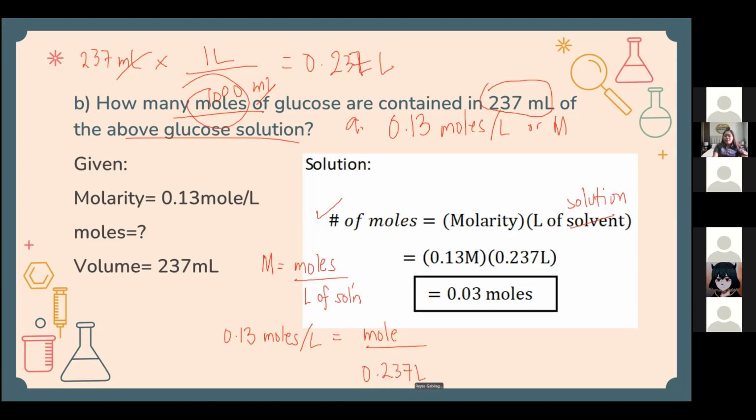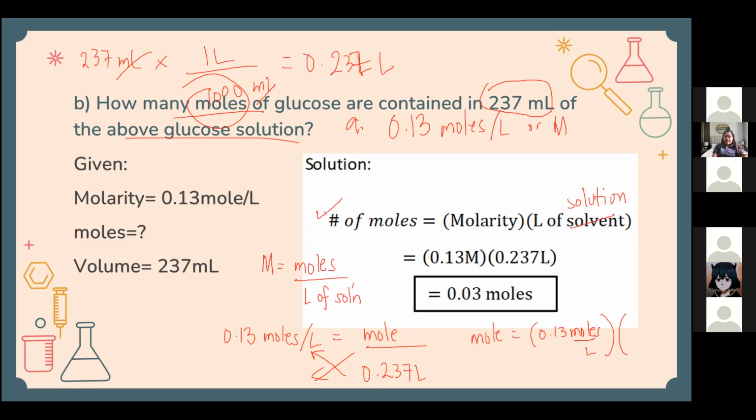You will still get the same answer. Kasi ganun, mahuhulog pa rin naman siya na i-cross multiply mo siya, baba mo si mole, and mahuhulog pa rin naman siya na molarity times liter of solution. So 0.13 moles per liter pa rin. I'll just use moles per liter ha, so that I can cancel the unit. Kasi kapag capital letter M, hindi nyo makikita dyan.